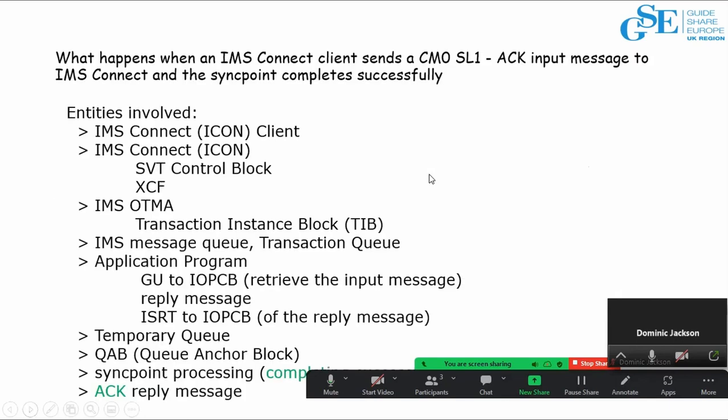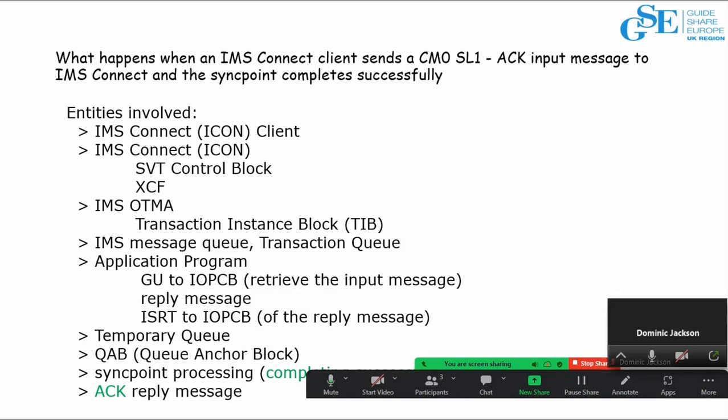So with that, let's start with the generic case. What happens when an IMS Connect client sends a CM0 SL1 input message to IMS Connect? Let's talk about this generic case first, and then I'll branch out into the individual subdivisions.